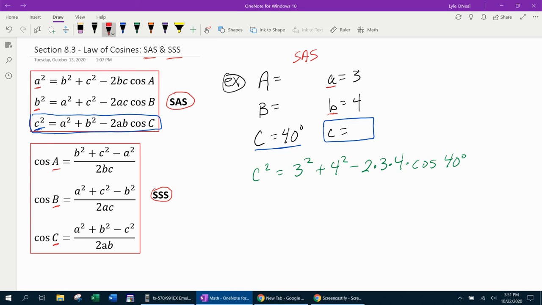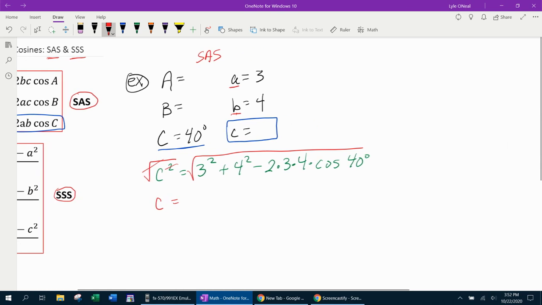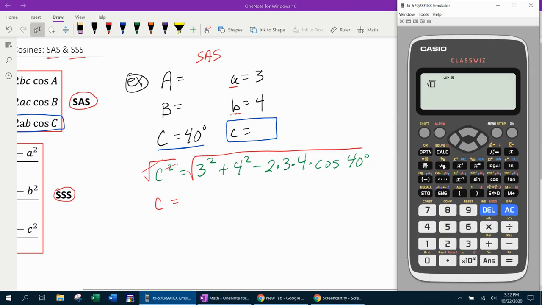Next, we have to get rid of the square, so we take the square root of both sides. Finally, we can get side c by putting all of this into the calculator at one time. We've got the square root of 3 squared plus 4 squared minus 2 times 3 times 4, and I'm going to put a times, though you don't have to, times cosine of 40.